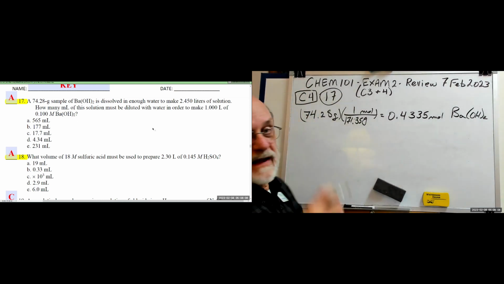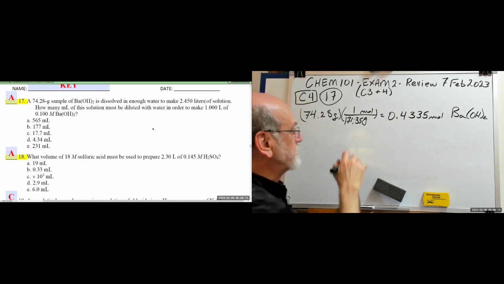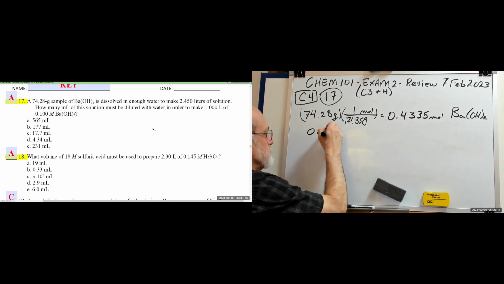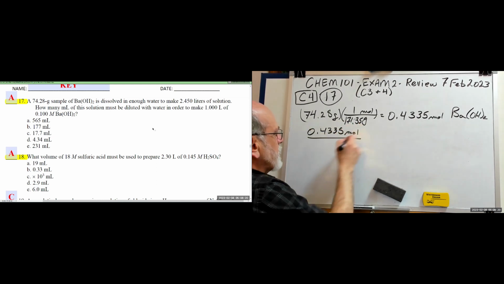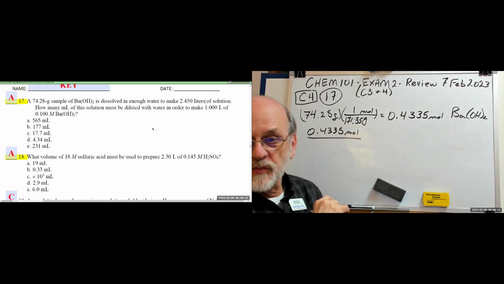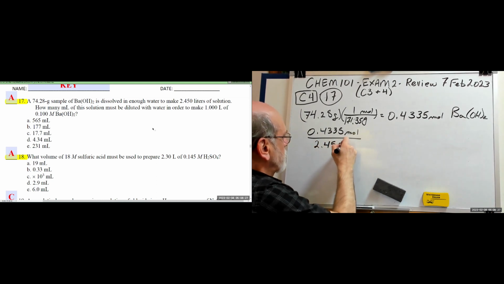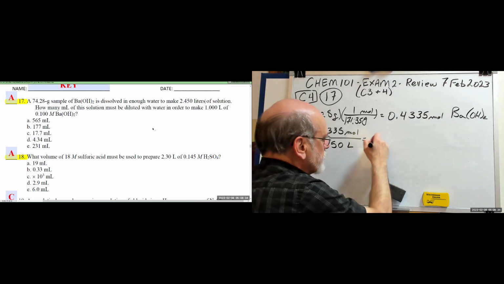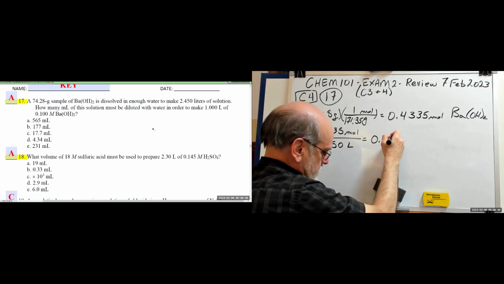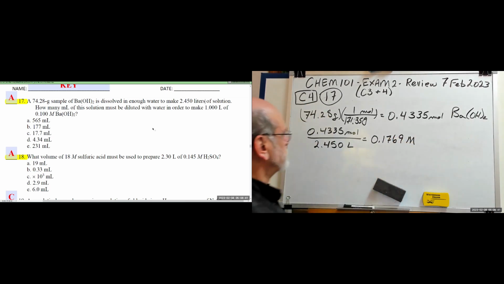Okay. Now we calculate the concentration. That many moles of barium hydroxide per liter. How many liters? 2.450 liters. So that gives us a concentration of 0.1769 molar.